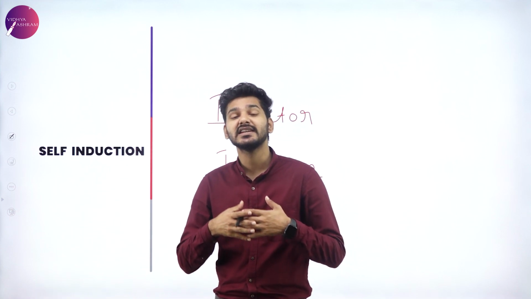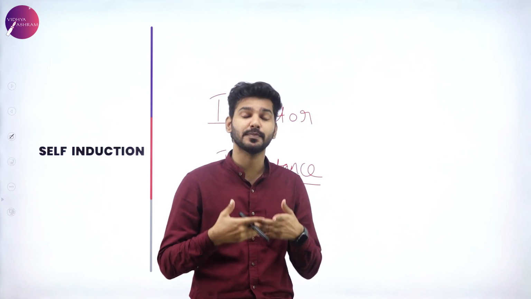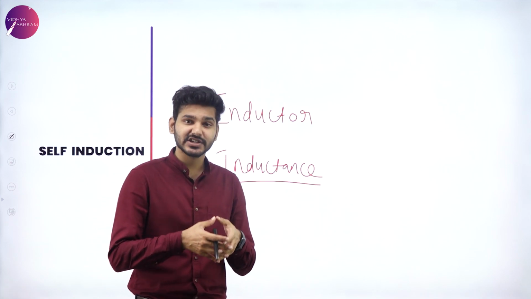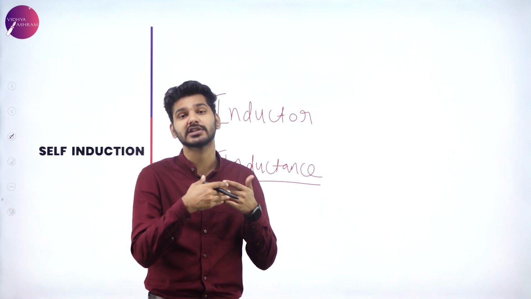Imagine that there is an electrical conductor, that is a conductor that allows electric current to pass through that. That particular electrical conductor has a tendency to oppose the incoming electric current.